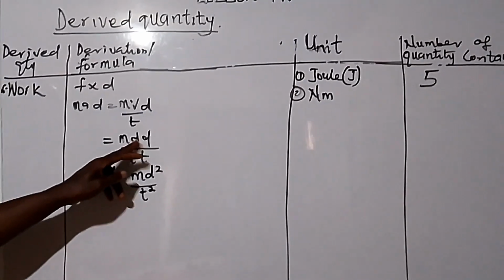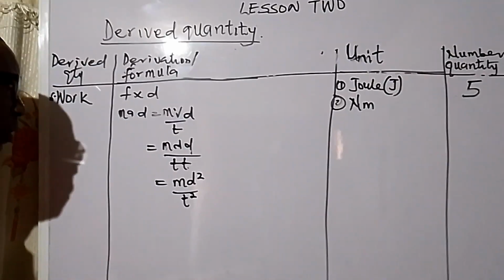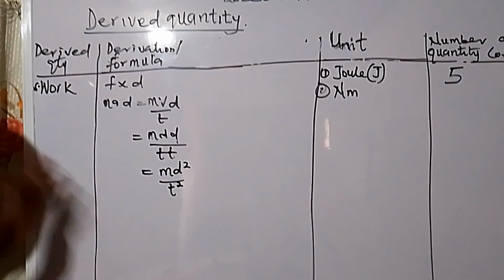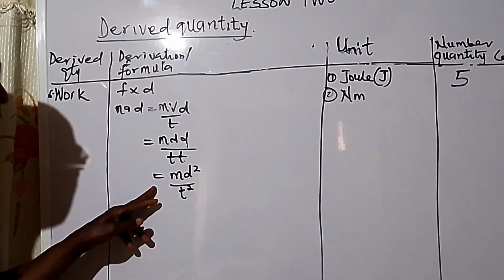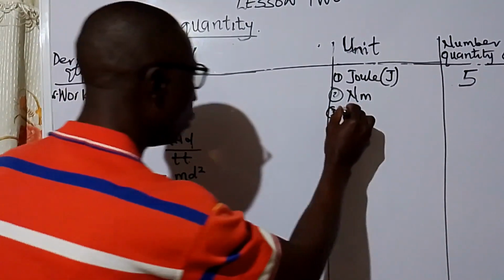Mind you, distance and displacement, as I told you in the last lesson, are both fundamental quantities, so they will take the unit of length, which is meter. So let's write the next unit, which will be number 3, joule.